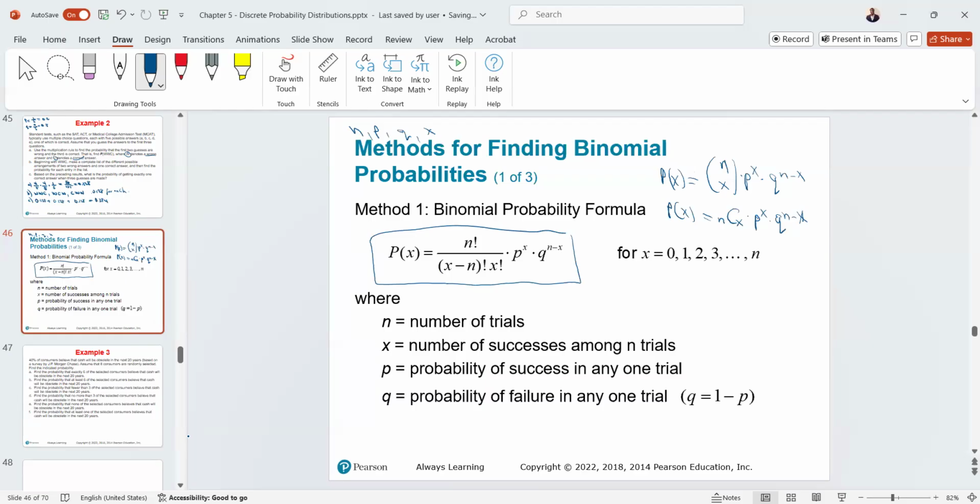That's one of them. Of course, we have some other methods that involve software or a calculator. I'm going to show you how to use a calculator to do the same, so watch out for my next video on how to use the TI-83 or 84 to compute probability distributions. We said also that there is another method that is just tables.